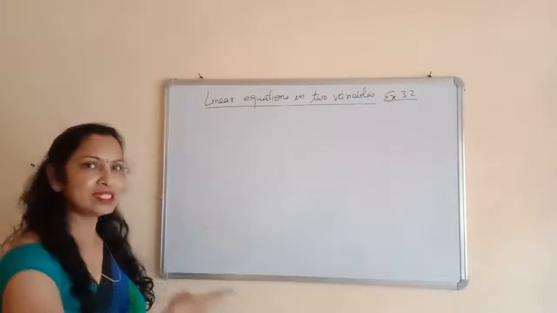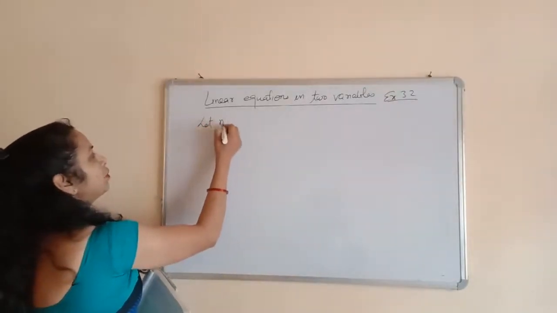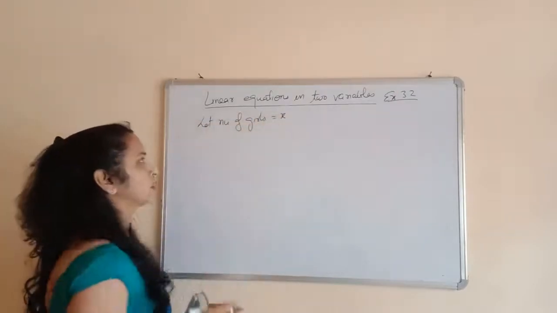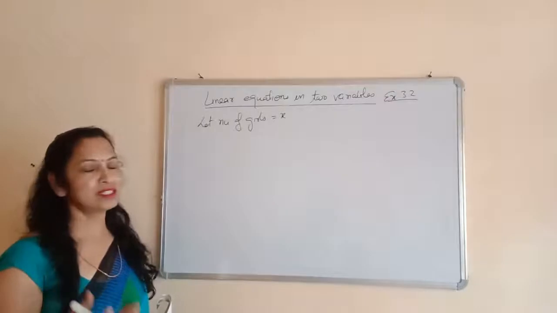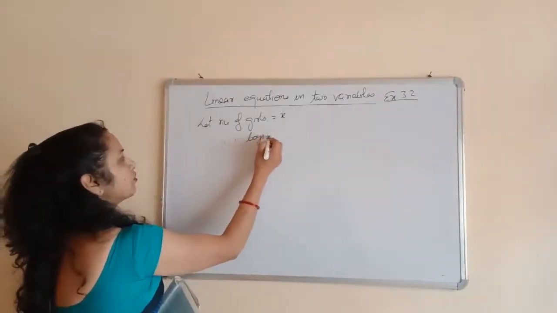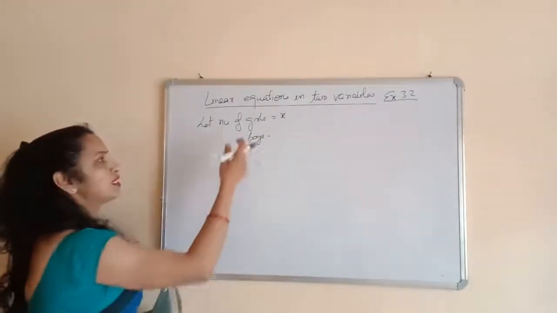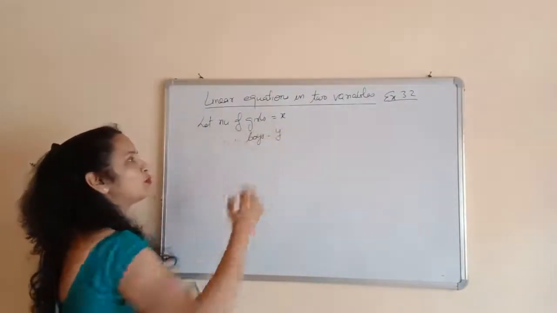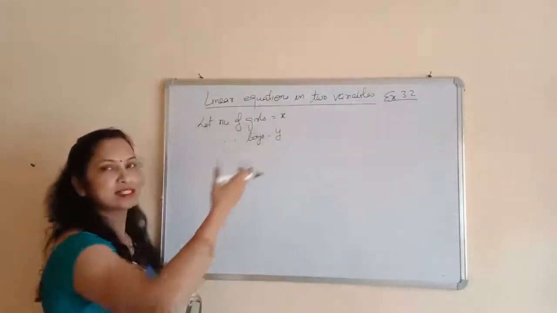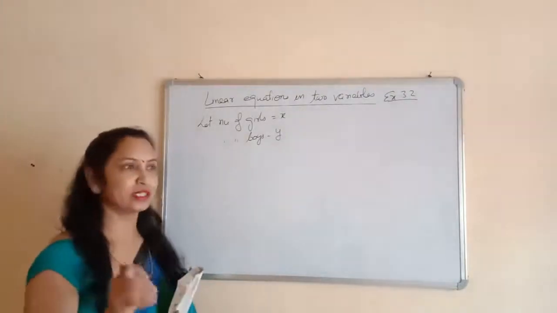Let the number of girls be x and the number of boys be y. It doesn't matter if you take the number of boys as x and the number of girls as y.